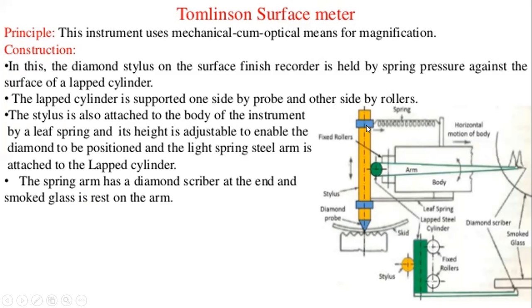And at the topmost point, the stylus is attached to a spring for the horizontal motion of the body. Whenever there is a deflection, it moves against the spring, which is attached for the horizontal motion of the body. Whenever the diamond probe of the stylus meets irregularities in the surface, it moves in the upward direction.